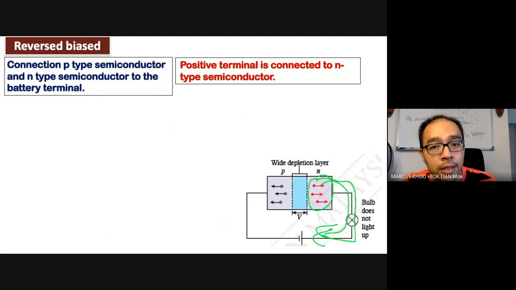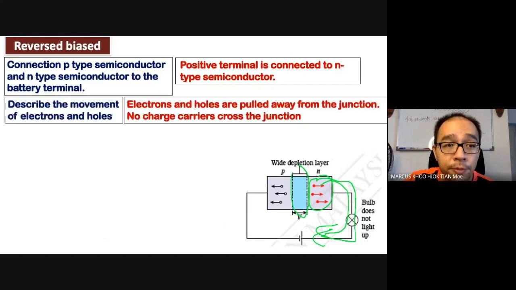So the depletion layer is just going to get wider and wider, because all the electrons are moving away from the depletion layer. The electrons and holes are pulled away from the junction. The electrons are going here, so there are no charge carriers crossing this area. Nobody is crossing, it's a separator.